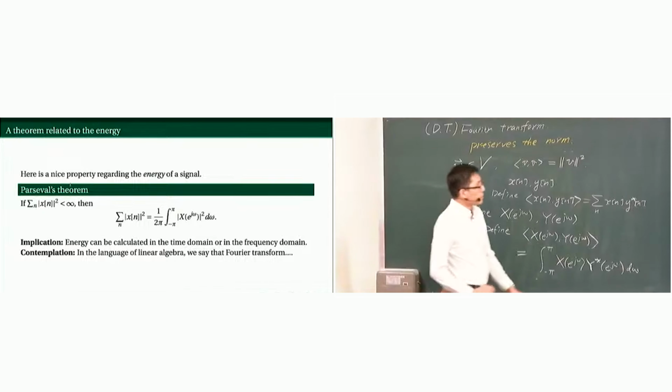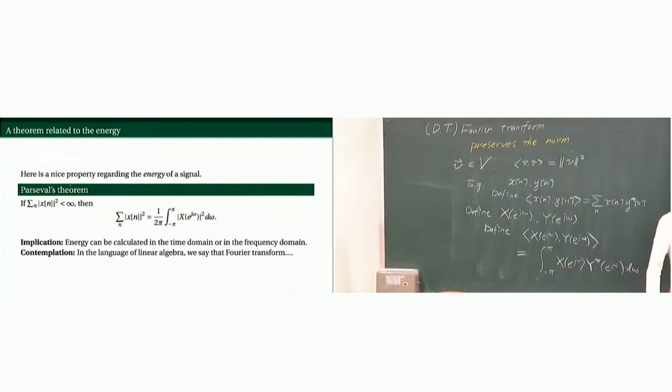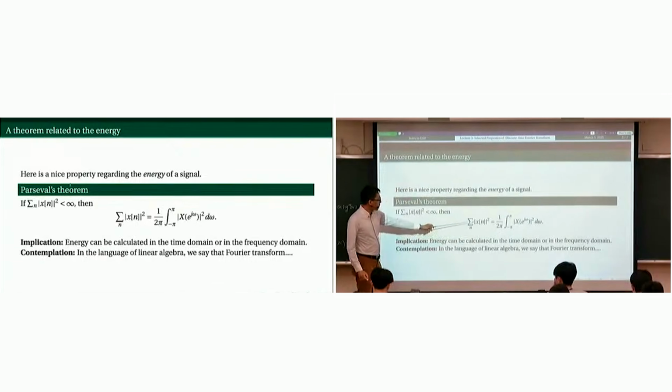So there's an inner product on the left-hand side and an inner product on the right-hand side. If you take the inner product of something with itself, that becomes a norm square: norm square on the left-hand side, norm square on the right-hand side. And what's the relation?